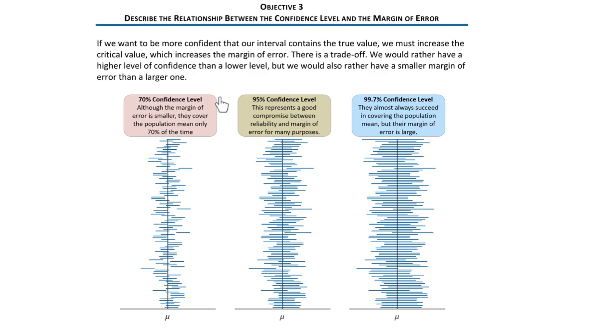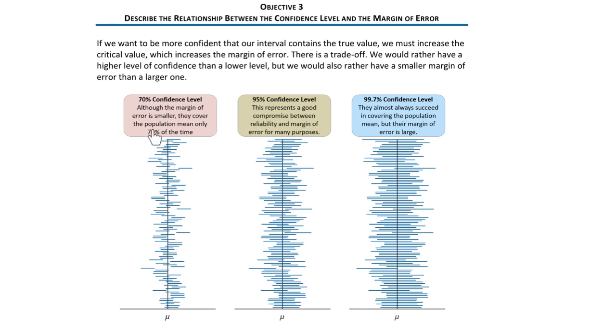This diagram illustrates the trade-off between the confidence level and margin of error. 100 samples are drawn from a population with mean mu. The center diagram represents the 95% confidence intervals, each based on one of these samples.